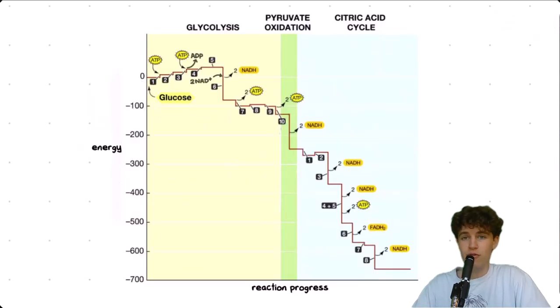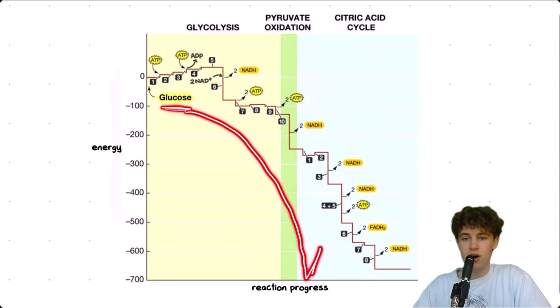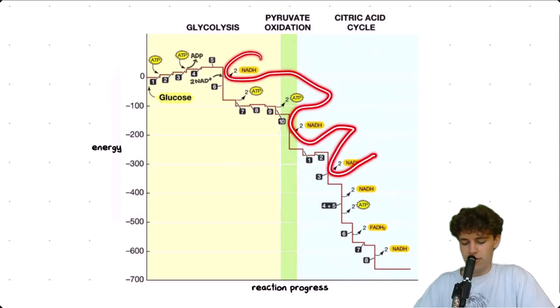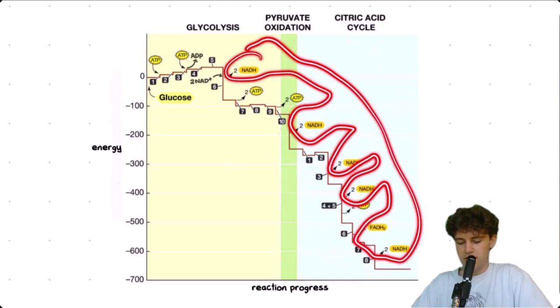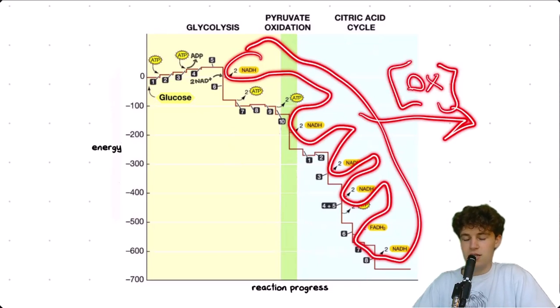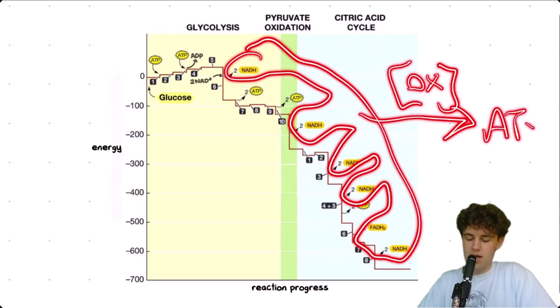We see during pyruvate oxidation and the citric acid cycle, the energy from our initial substrate, our glucose, is all being transferred via these exergonic reactions to reduce our electron carriers. And like I said before, the electron transport chain is then going to take all of our reduced electron carriers and oxidize them. And the energy from those oxidations is going to power the machinery of the electron transport chain, which eventually, as a result, is going to produce ATP.